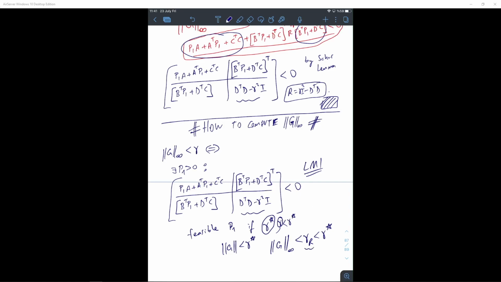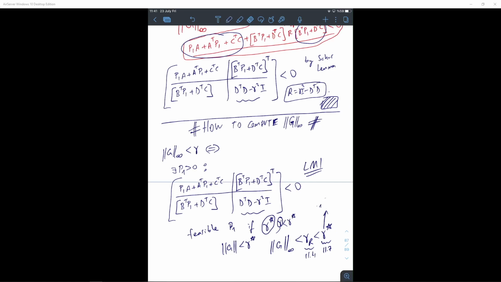So let's say gamma real is 11.4, and if we use, for example, 11.7, in that case, for that gamma star, we will be able to find a feasible P1 star.